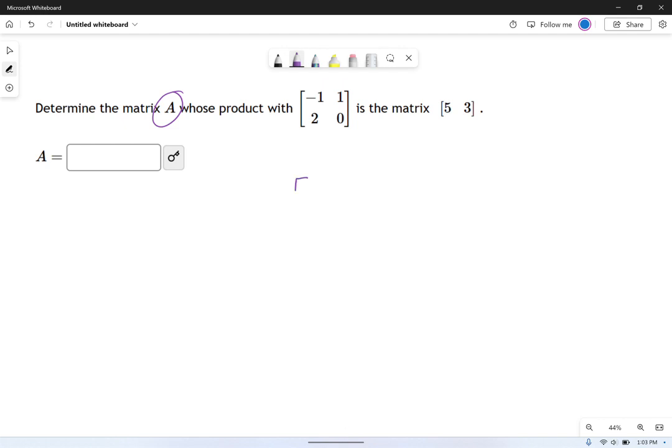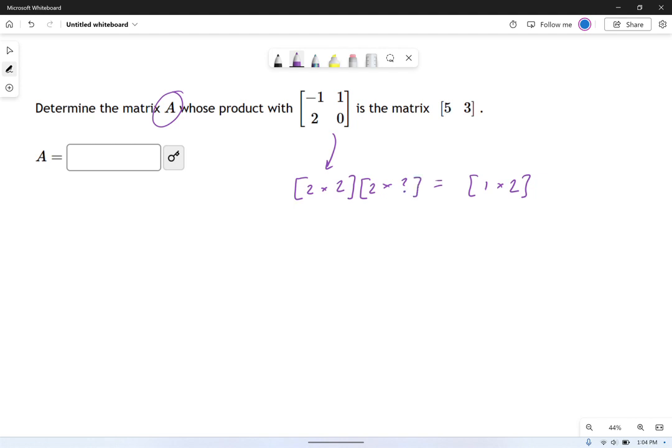So I've got a 2 by 2 here. That's a 2 by 2 matrix, and something is multiplied by it such that I get a 1 by 2 matrix. Well, there are two possibilities. One possibility is we've got a 2 by something.